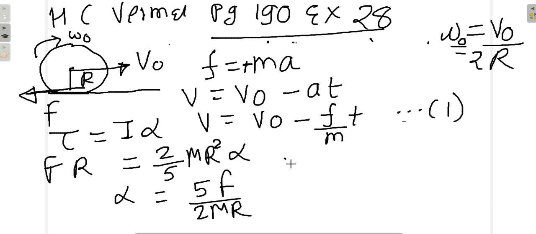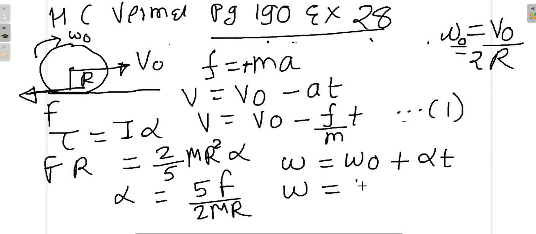Now we will write the equation for rotation, that is, omega equal to omega naught. Please note that omega is increasing, so alpha will be positive. Omega will be omega naught plus alpha t. That is, omega is equal to omega naught plus, what is alpha? Alpha is 5F upon 2mr into t.